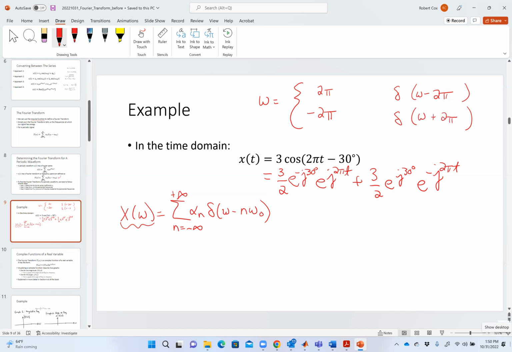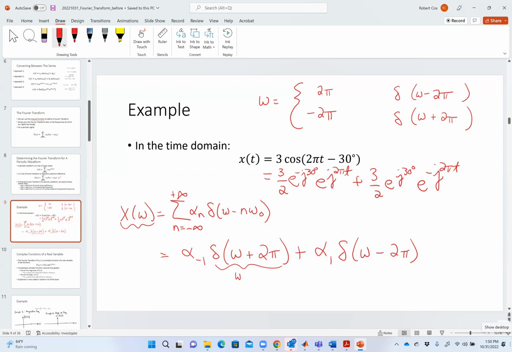So the way I'm going to interpret this summation is I have alpha minus 1 times delta of omega plus 2 pi plus alpha 1 times delta of omega minus 2 pi. So what I'm saying here is I have information here.